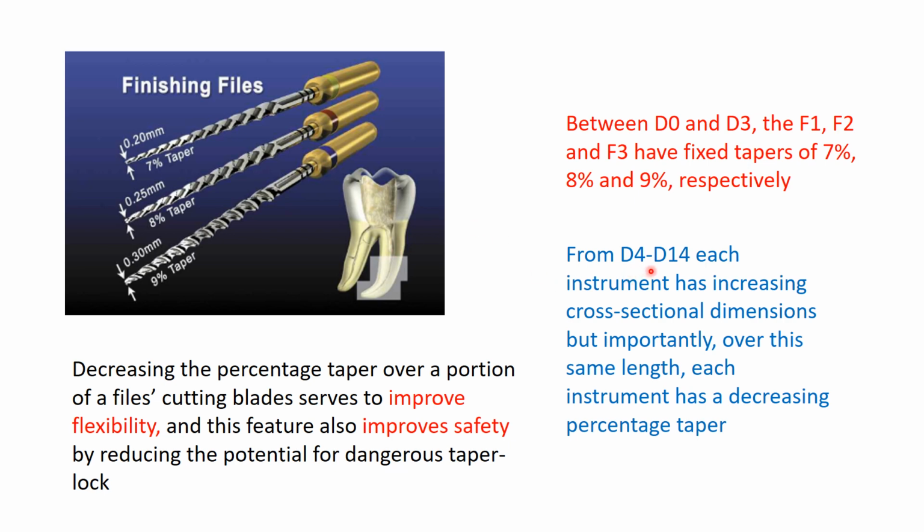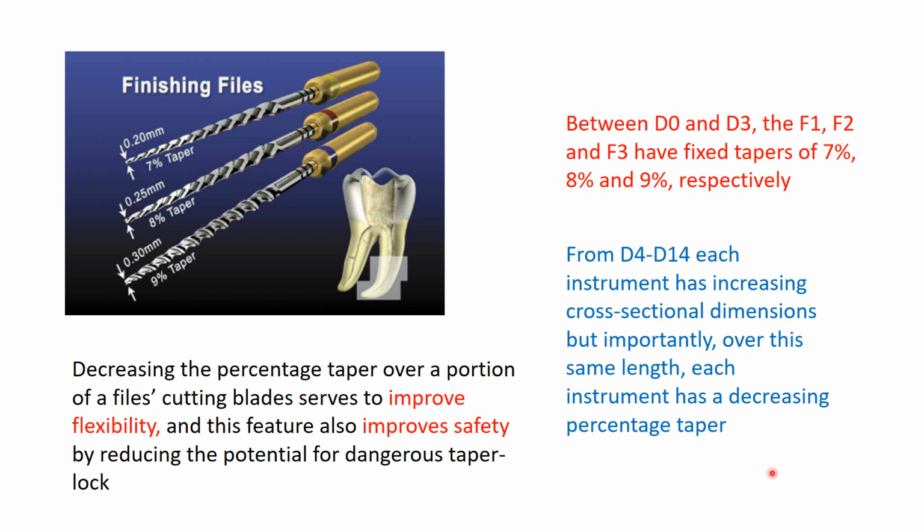From D4 to D14, each instrument has increasing cross-sectional dimensions, but importantly, over this same length, each instrument has a decreasing percentage taper. That means these finishing files are mainly used to prepare the apical third. They have larger diameters in the apical area, while as you move towards the coronal part, the taper decreases.